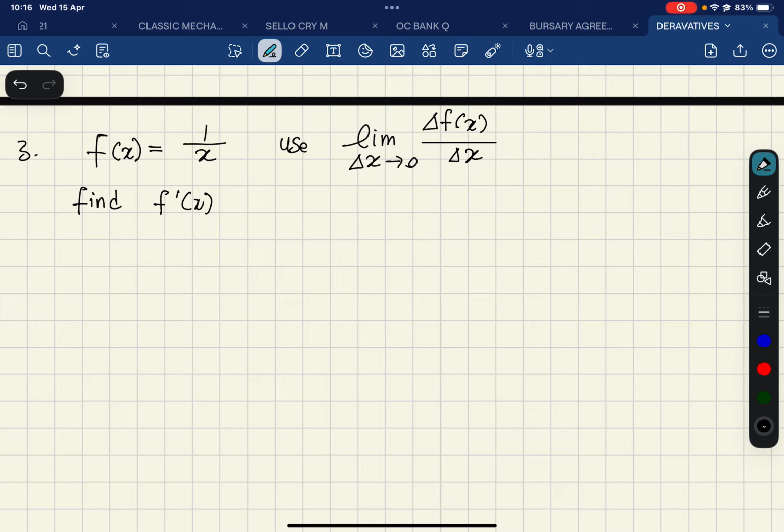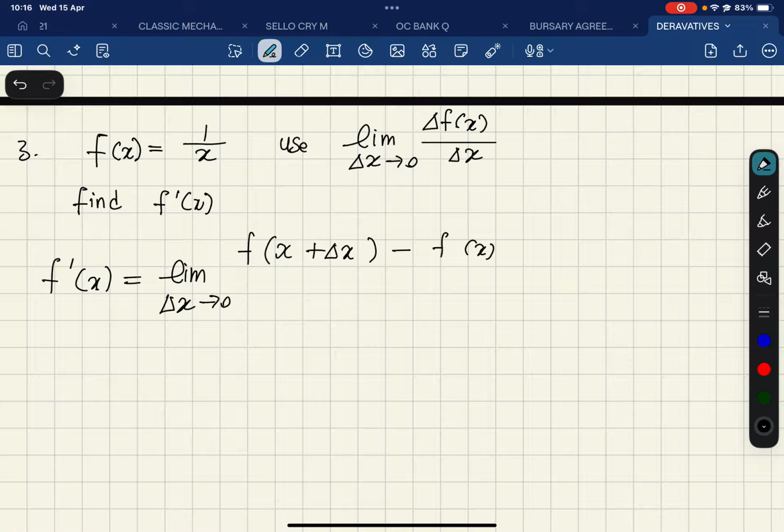So the next one, they say find f prime of x, which means our f prime of x will be equal to the limit as change in x approaches 0 of f of x plus change in x minus f of x, all divided by change in x.